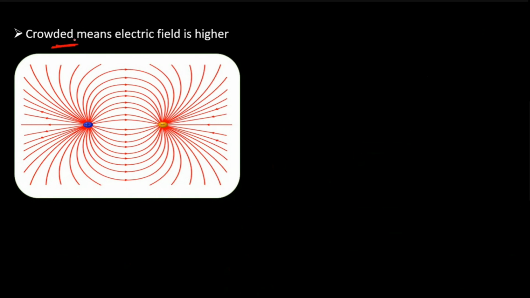Now, another important statement: crowded lines means electric field is higher. Suppose I consider two points, point A here and point B here. I must say that the electric field at point A is greater than the electric field at point B, because if there is a more crowded region, then there is a greater field at that point.